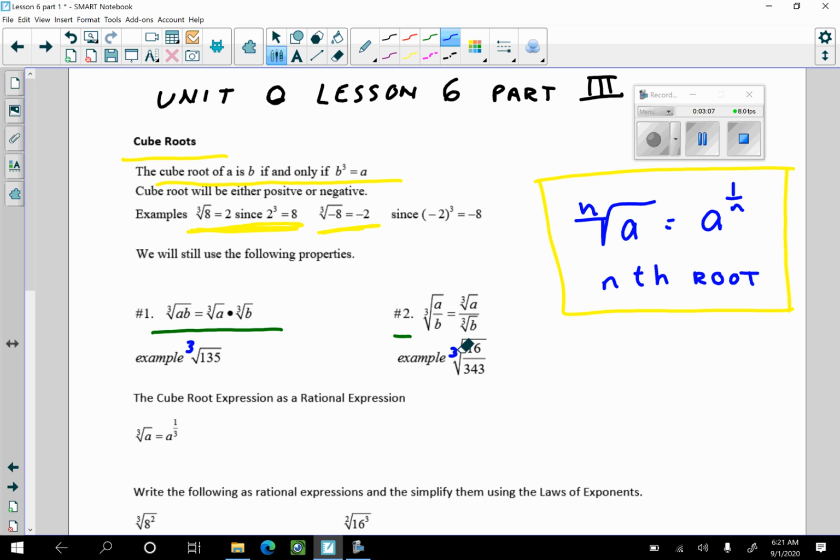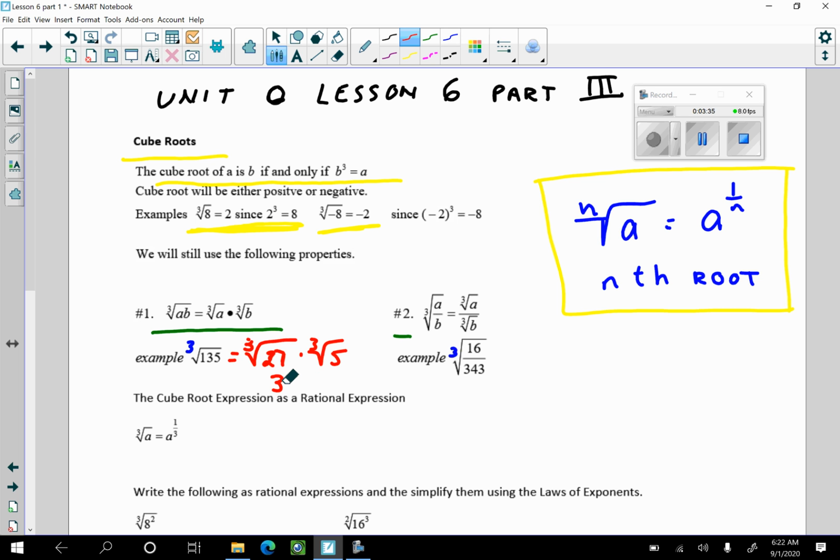Well, we're thinking about that a minute, and I would just have to investigate that. And if I did some investigation with my calculator, I could see that the cube root of 135 was the cube root of 27 times the cube root of 5. And the cube root of 27 is 3.